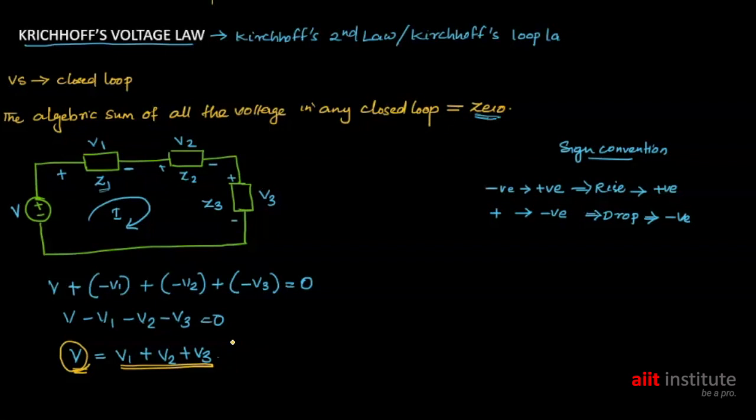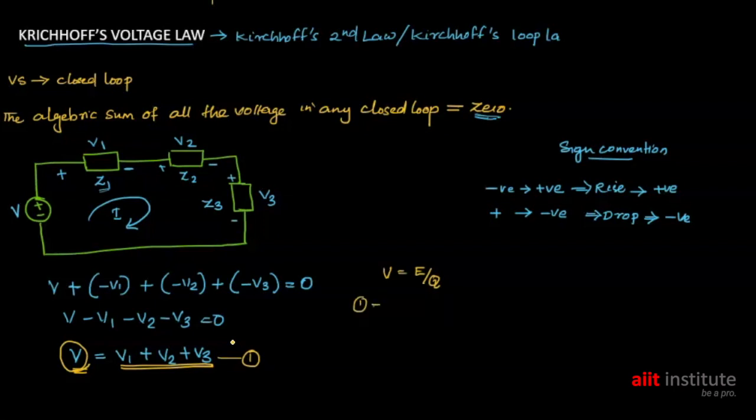Let's consider this equation as equation number 1. We can define the voltage in terms of energy, that is V equal to E by Q, which means the energy required to move a unit charge. So let's put this in equation number 1.